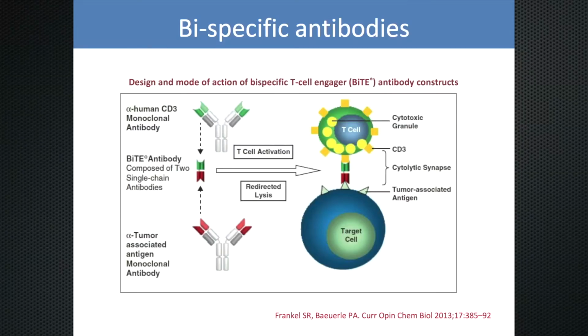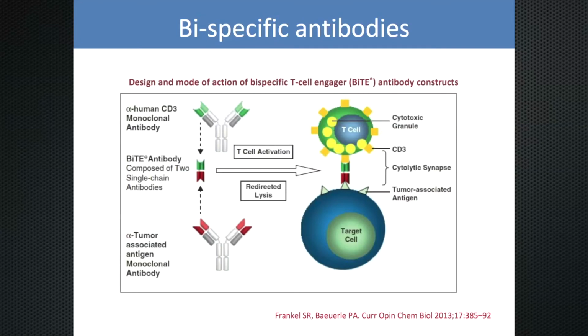And the last technology which has been developed at the same time as the CAR T cells is that of the BiTE antibodies, the bispecific antibodies, those antibodies which are connecting not only and attacking not only the B cells, but at the same time also the T cells.